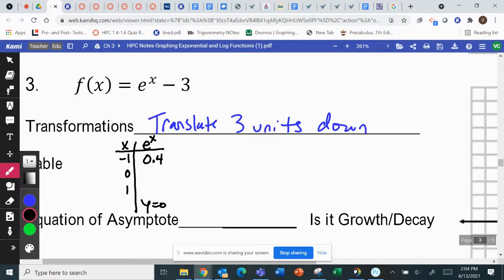Okay? 1. And then what's E? Oh, nobody remembers. What'd you say? 2.718. How accurate can I be graphing it? Let's write 2.7.